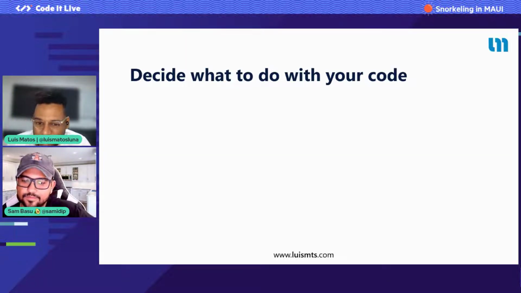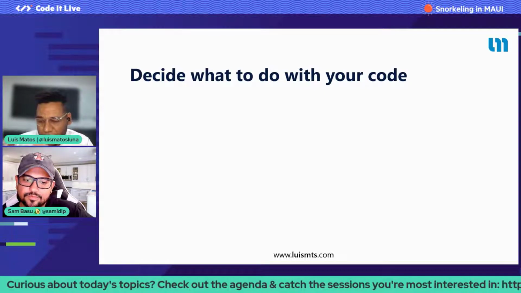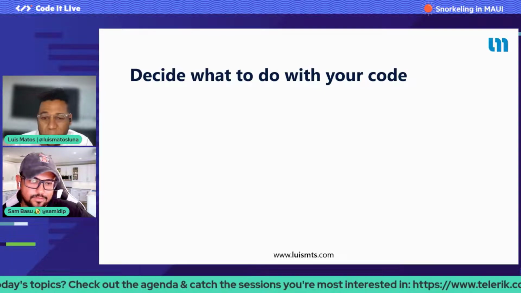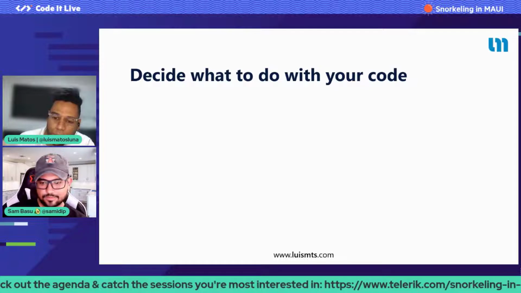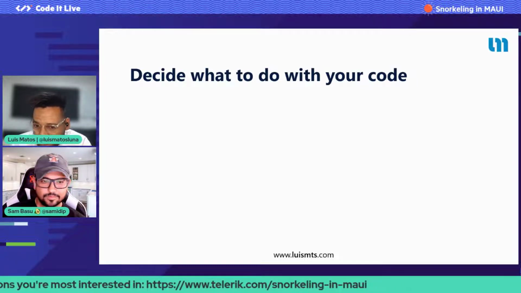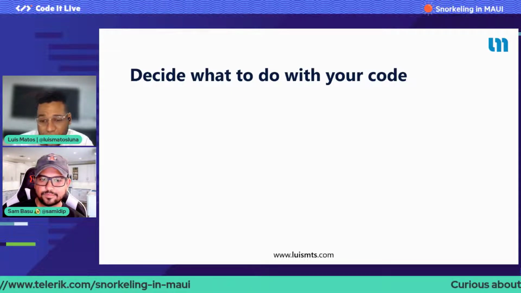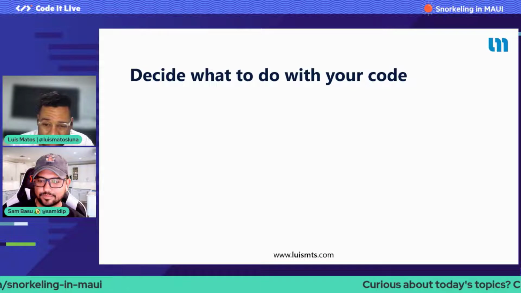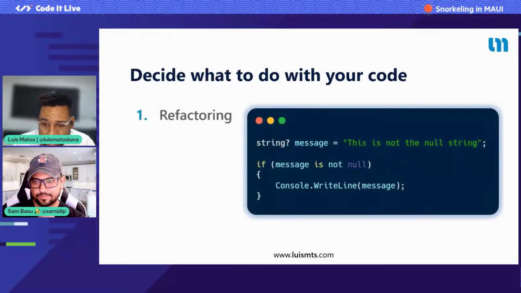And in .NET MAUI, you don't have the same dependencies and the same structure that you have with Xamarin.Forms, and that helps a lot. If you don't have those dependencies, it's good for you because in your case, maybe the first thing that you can do is refactoring.